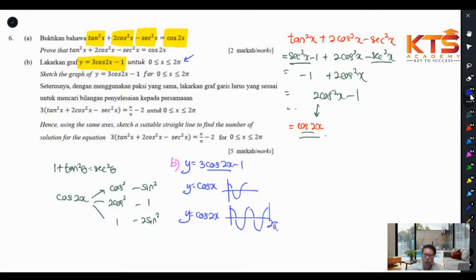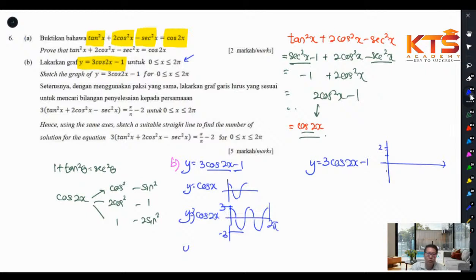And then I will times 3. When I times 3, that means this one is 3 and it is negative 3. So I skip one step. And then after that, I need to minus 1. Then I have the complete graph. Minus 1 means the whole thing moved down by 1. So from 3 move down to 2, 1, 2.